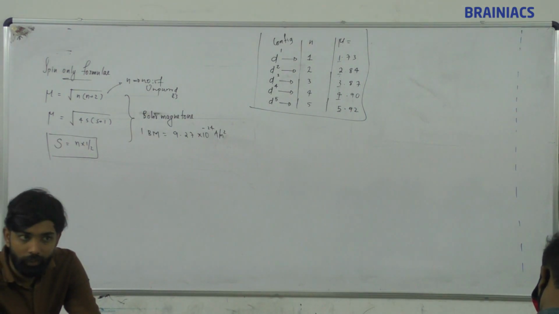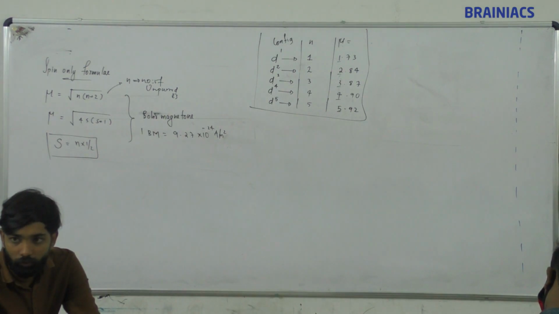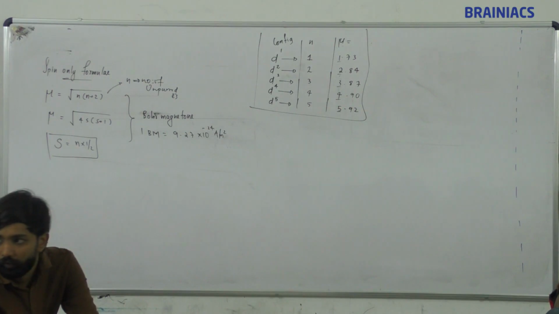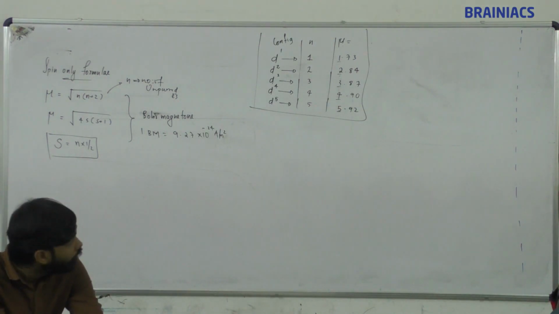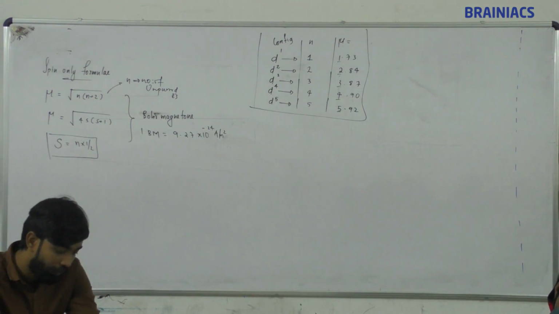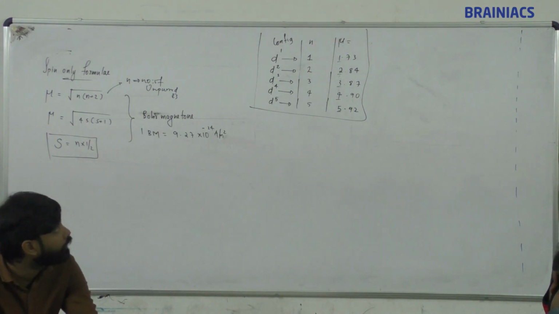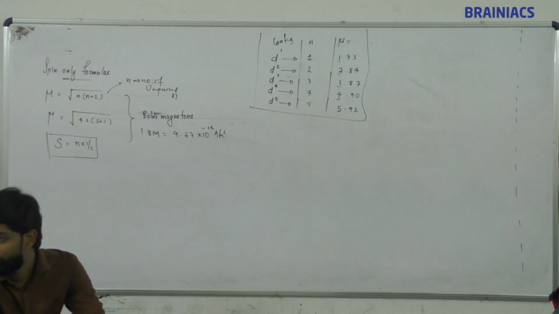So if the atomic number is 27, you have an expected electronic configuration. By losing 2 electrons, you obtain the number of unpaired electrons. So that will be the answer. If you have the number of unpaired electrons, you can easily find the magnetic moment value.